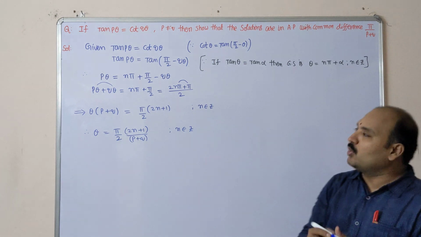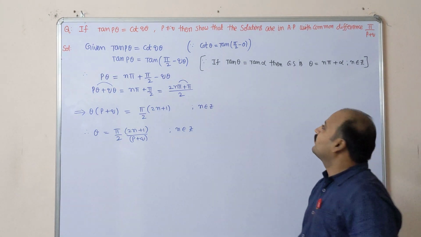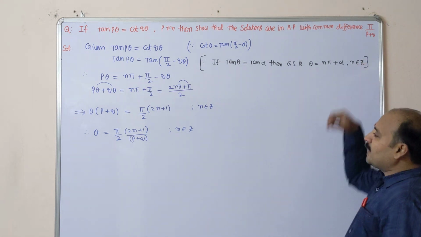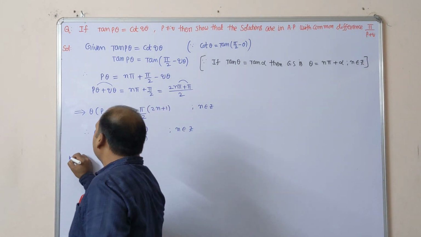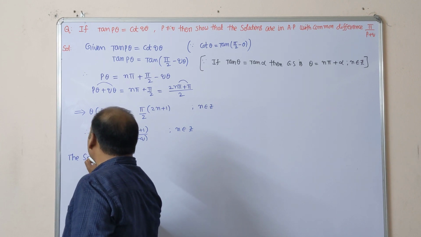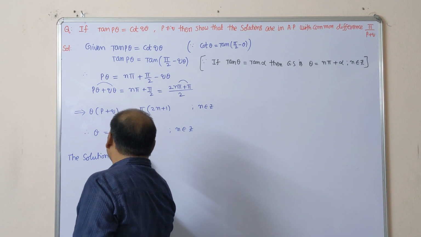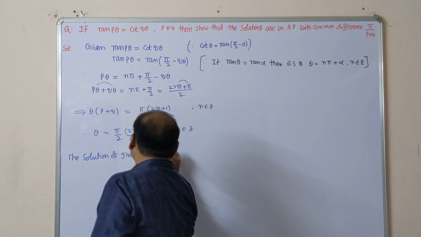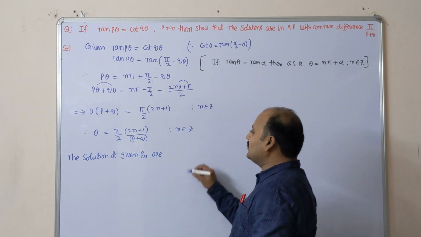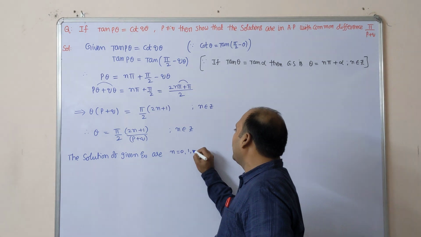They are asking to prove the solutions of this equation are in AP with common difference pi by p plus q. The solutions of the given equation: first, n is equal to 0 I am taking. Like this, n is equal to 0, 1, 2, 3 and so on.